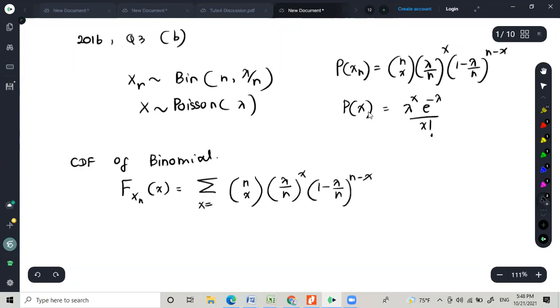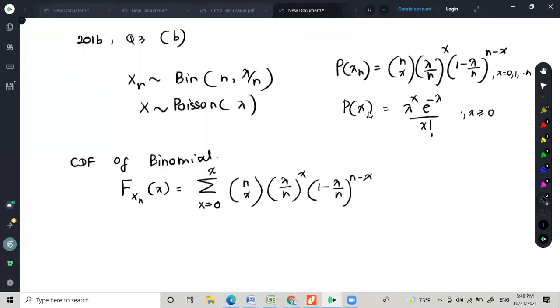Starting from the lower bound, for the binomial, x will contain values 0, 1 up to n. So x goes from 0 up to any x. If you think it will be confusing with the same x, you can use y as the dummy variable and continue.